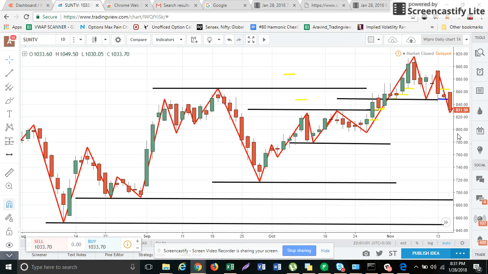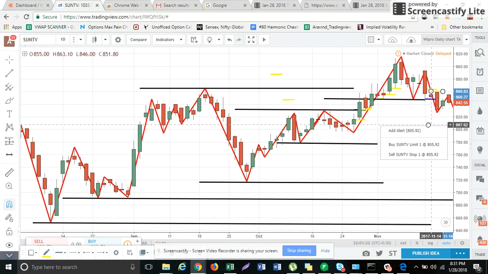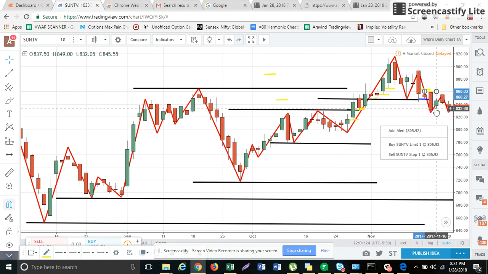So next day it made another lower bottom, and so what we simply do, we will just update our trailing stop loss to the high of that particular candle, which is 859. So on the next day, what happened, it didn't make a lower bottom, but it made a higher bottom.